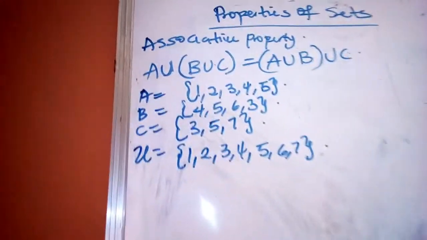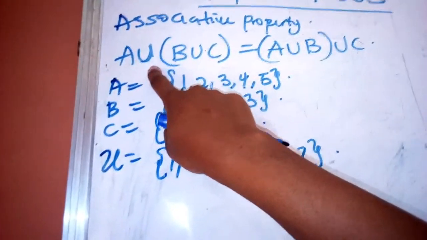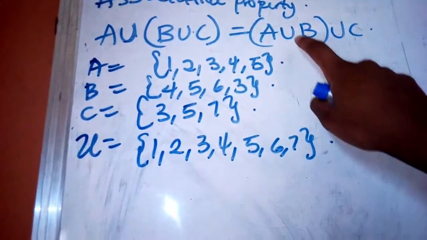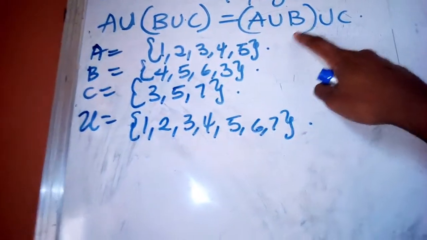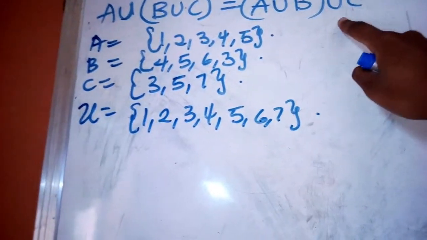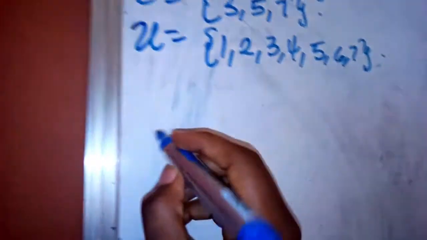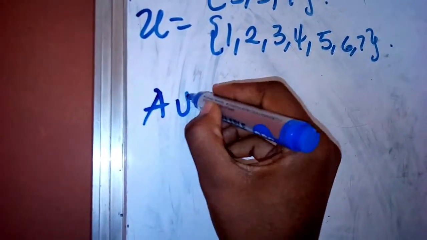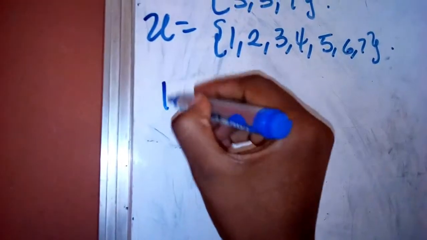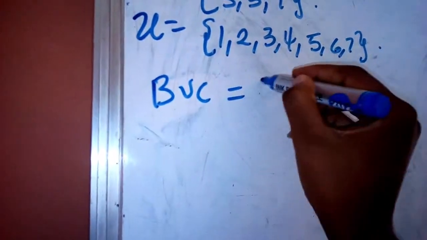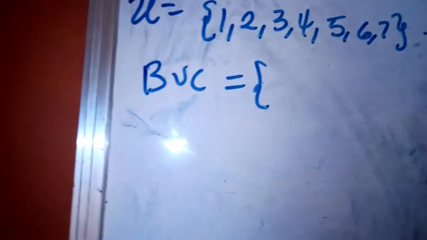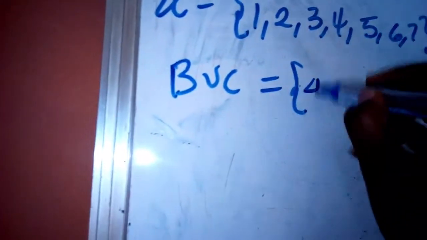So we want to show that (A union B) union C equals A union (B union C), where we now have our union C outside the bracket. Let us solve for B union C first. I told you, for better understanding, it's better we list it out.